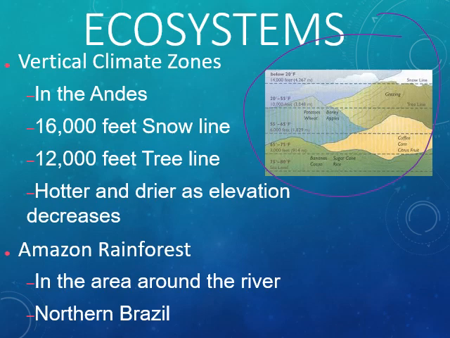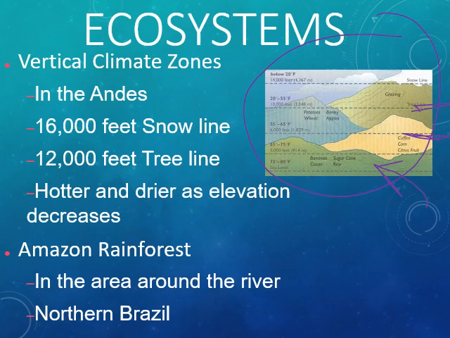So the next level right in here is normally 55 to 65 degrees, and so potatoes, wheat, barley, apples, the kind of things we grow here. And then as you go down even further, it gets into a little bit warmer weather like coffee, corn, and citrus fruit like Mexico. Then you go down even further, and these are the more tropical plants that can be grown. And so that's the vertical climate zone.